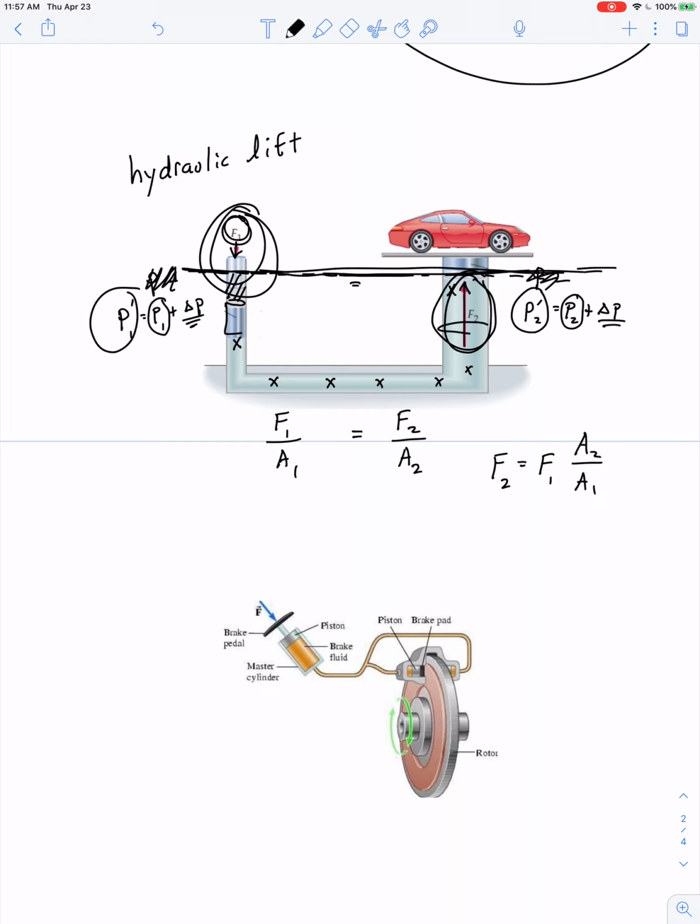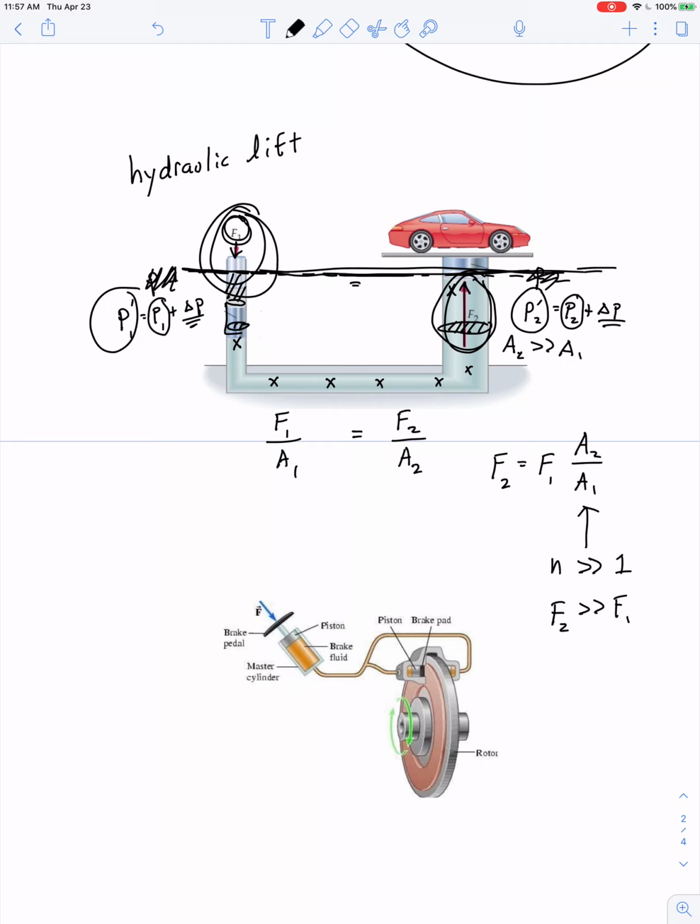And you can see the cross-sectional area number 2 is much greater than the cross-sectional area number 1. So this is a number that's much greater than 1, which means force number 2 is much greater than force number 1.